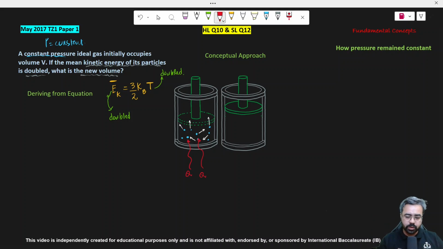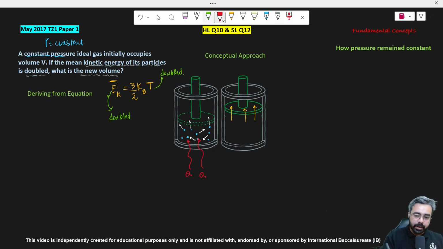So when the speed has increased, these particles exert more force on the piston of this container, and most probably the gas should expand. Obviously the gas will not compress, because now the gas possesses higher internal energy. Well, I will come to the conceptual approach later also.